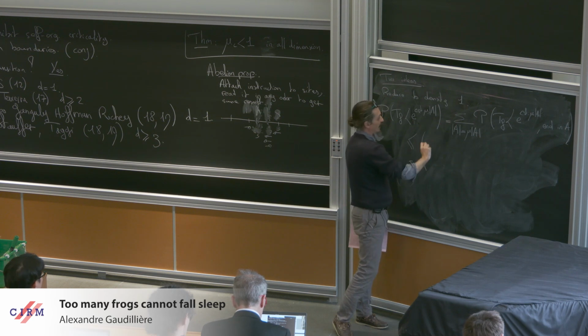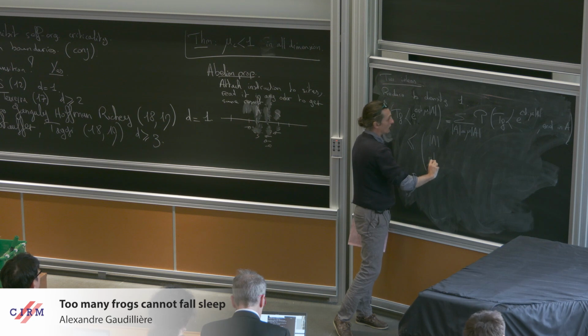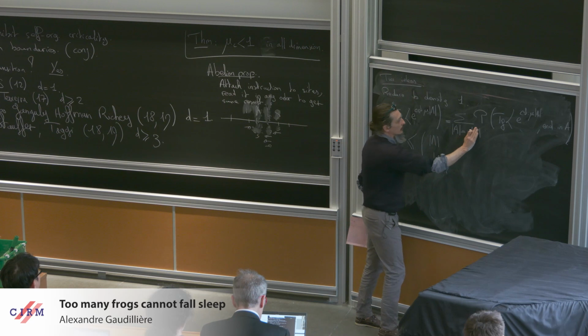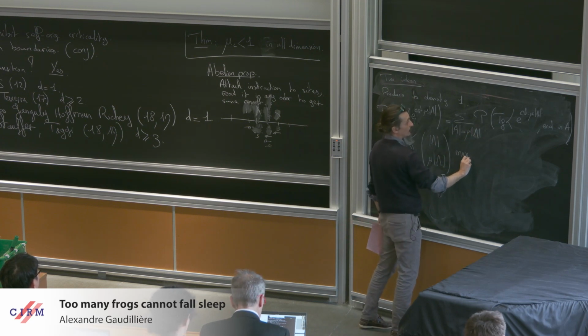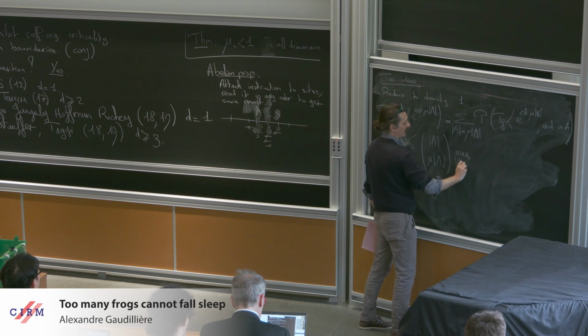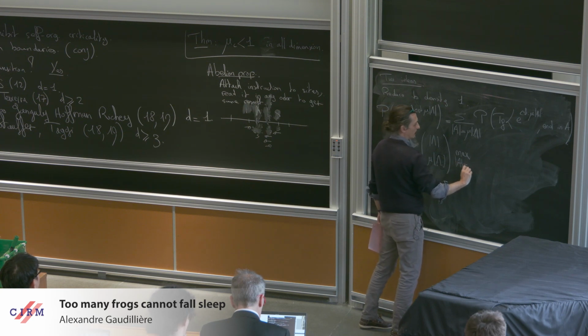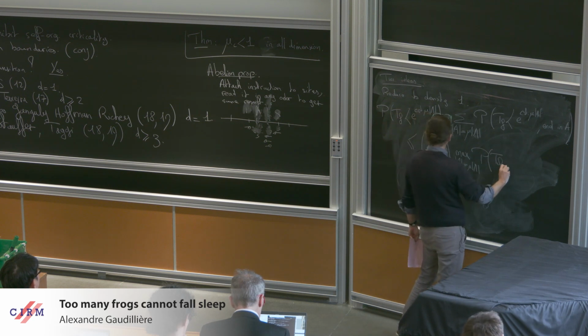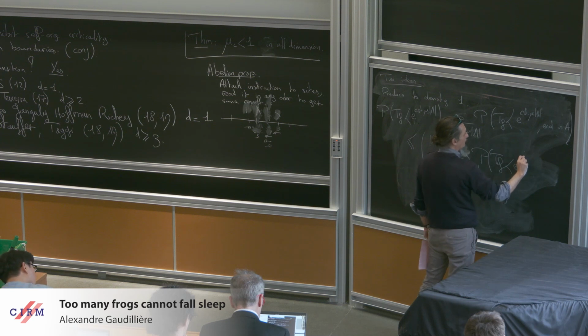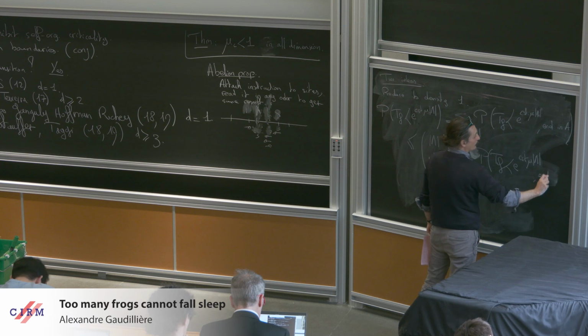So it is lambda choose mu lambda, times the maximum over all A of size mu lambda of the probability that you end up before the given time in A.